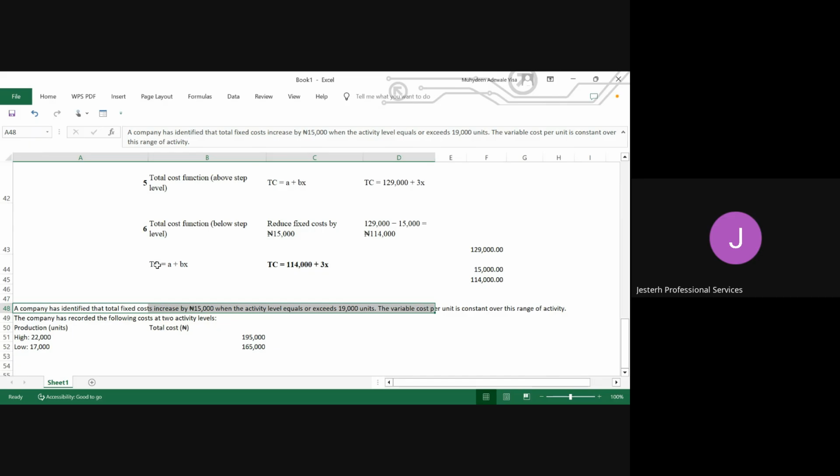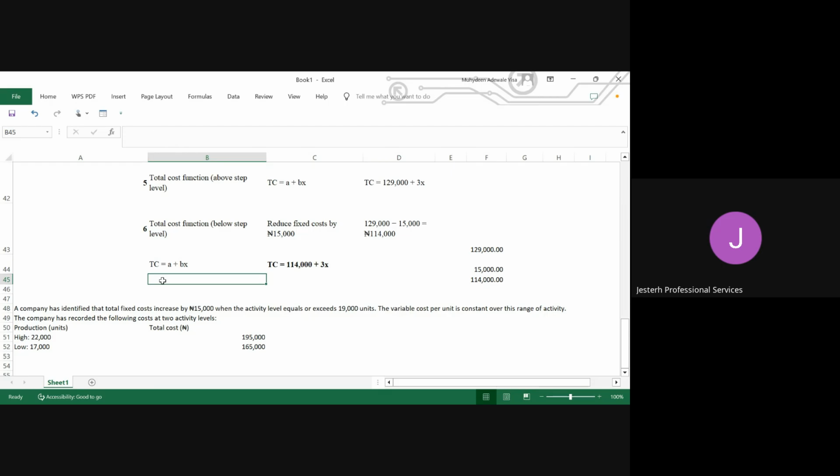So if the fixed cost is above the level of activities, our cost function will now be total cost is equal to the fixed cost plus the variable cost per unit multiplied by the level of activities.